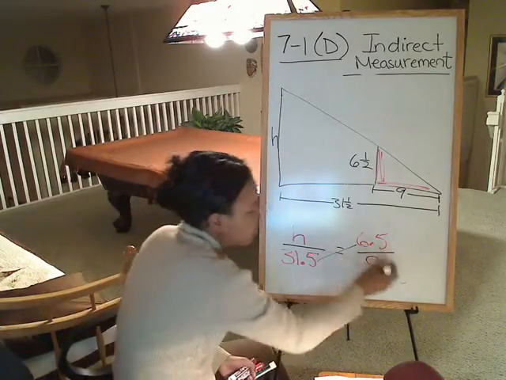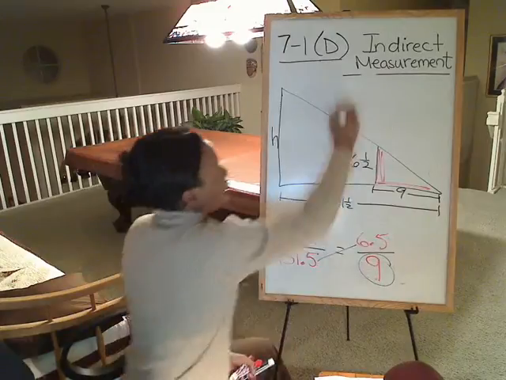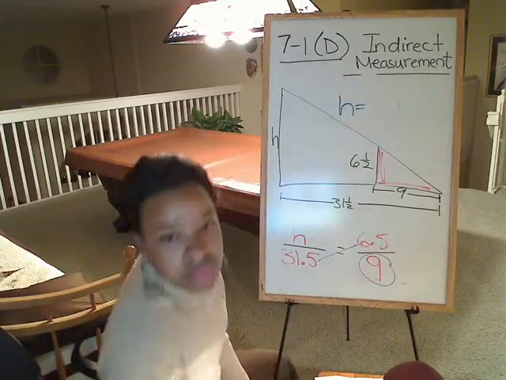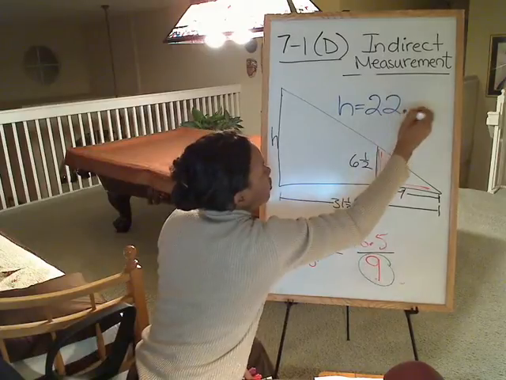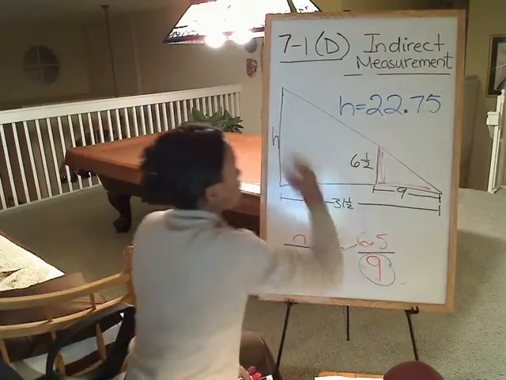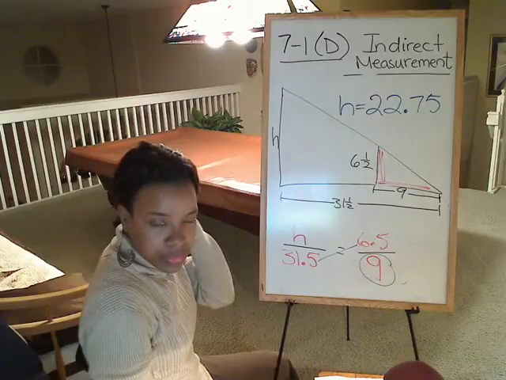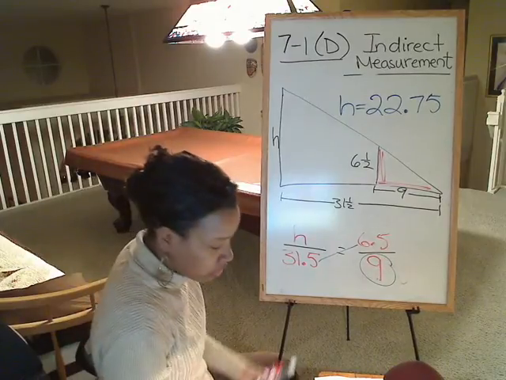So I cross multiply, then I divide, and I get H equals 22.75. Okay, so that would be the height of the big triangle or the flagpole.